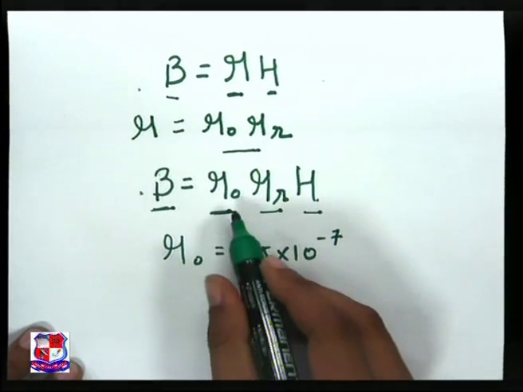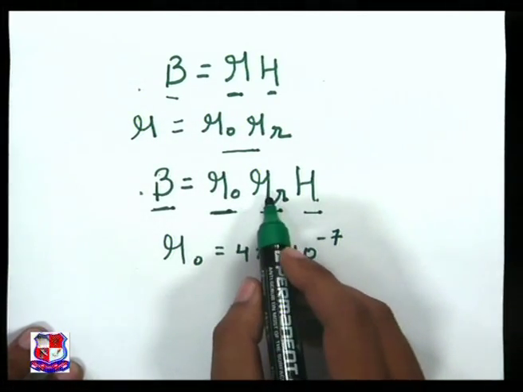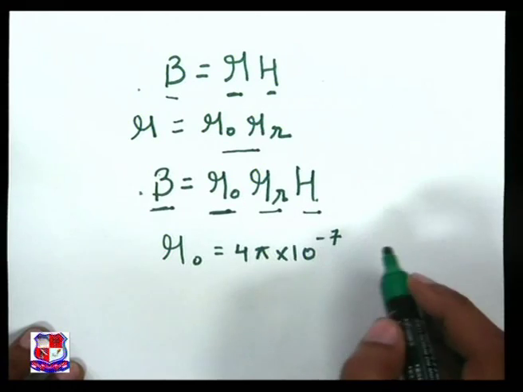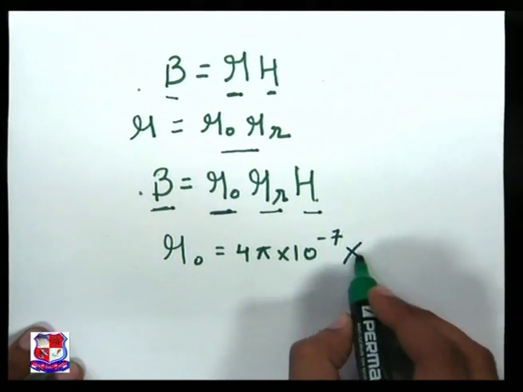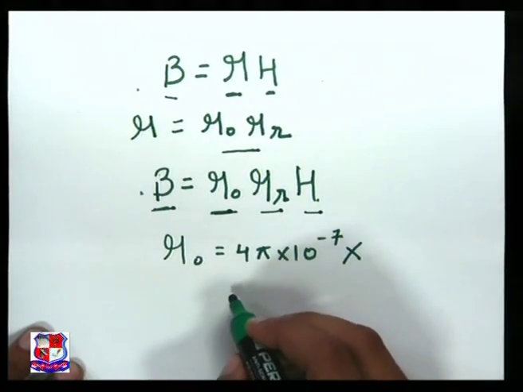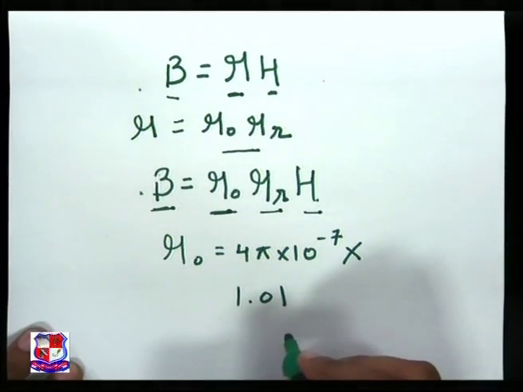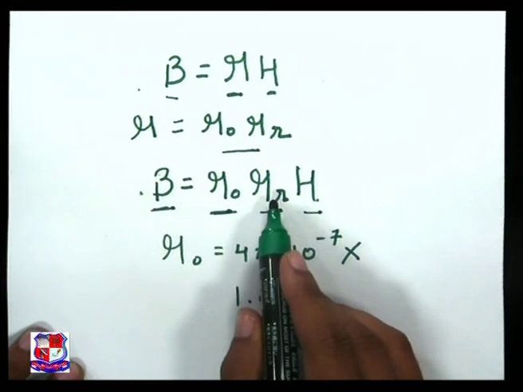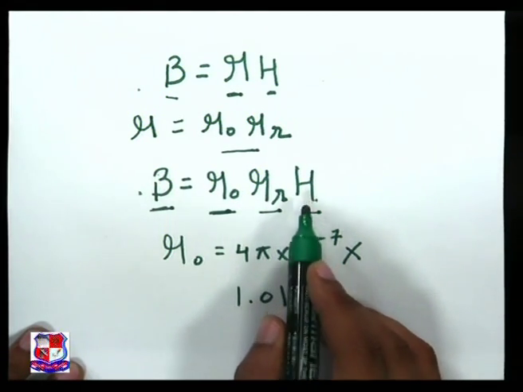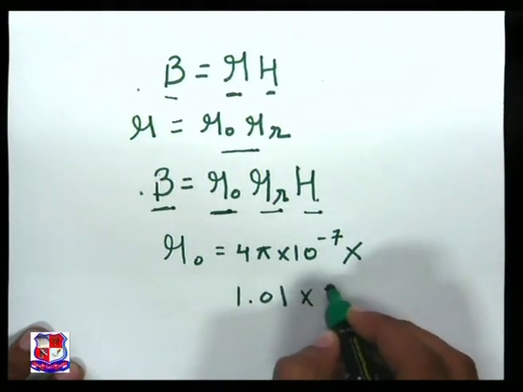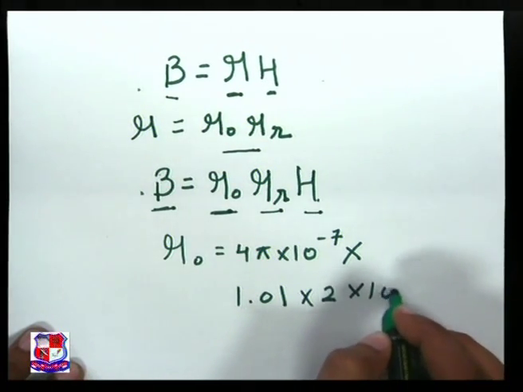It will be multiplied by 1.01, the relative permeability, and the value of H, which is 2 into 10 raised to 5.